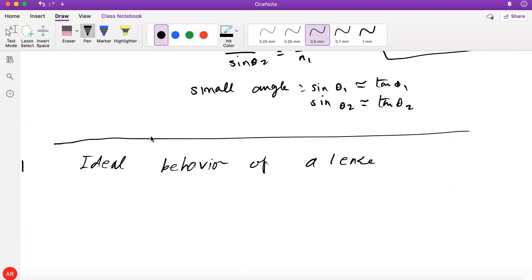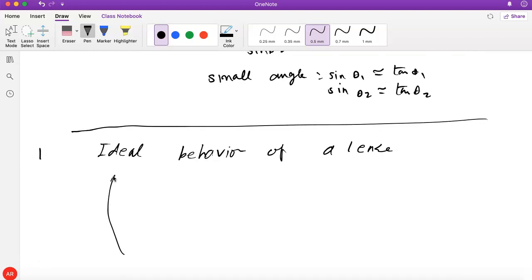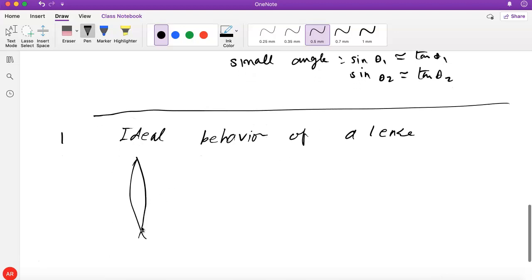One can study lenses, which are basically thought of as two spherical surfaces. So this can be part of one sphere, and this can be part of another sphere. If you have a thin lens, and again, in the limit when it's thin, these are very close to each other, and angles are small, a kind of ideal behavior emerges, similar to what we talked about for refraction across a flat interface.